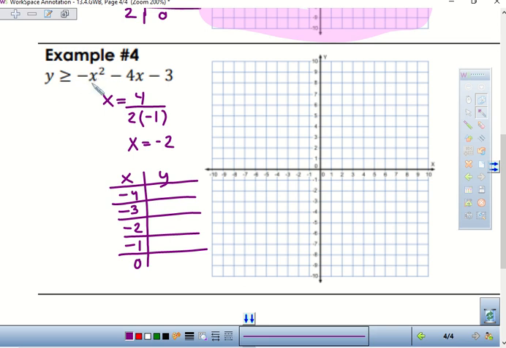So it's going to be negative 4 plus 8 minus 3, which is going to be 1. If I plug in negative 1, I get negative 1 plus 4 minus 3, which is 3 minus 3, which is 0. And then if I plug in 0, of course, these both become 0, and it just leaves me with negative 3.